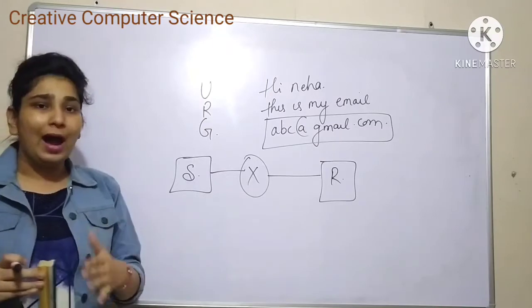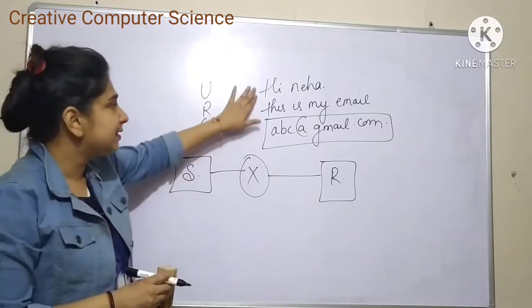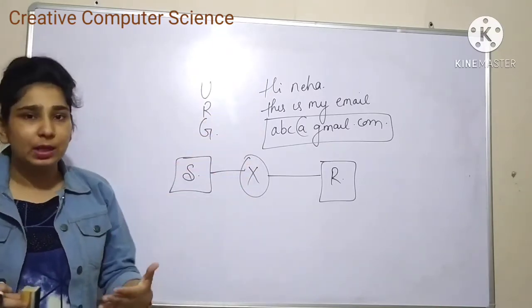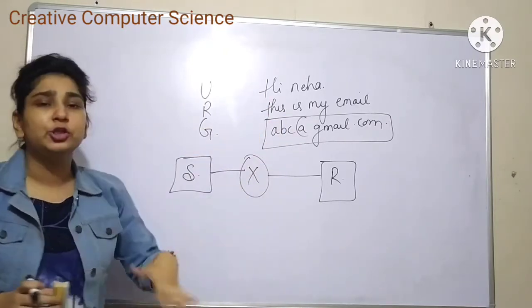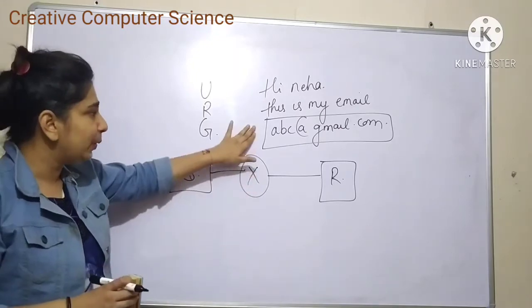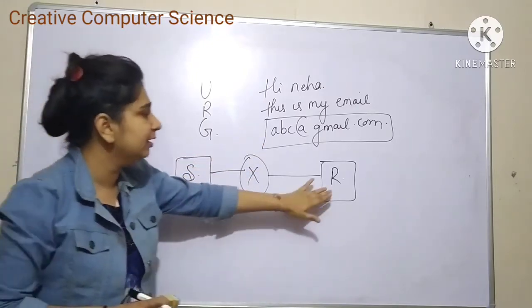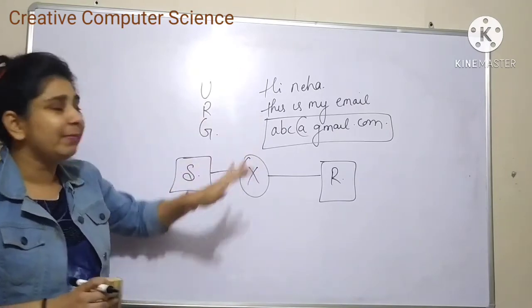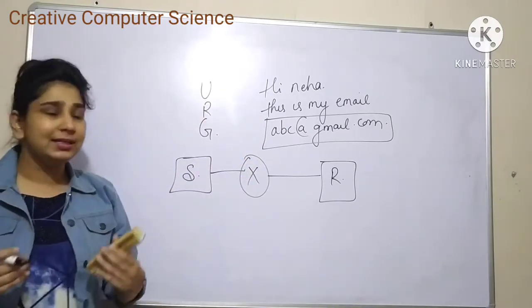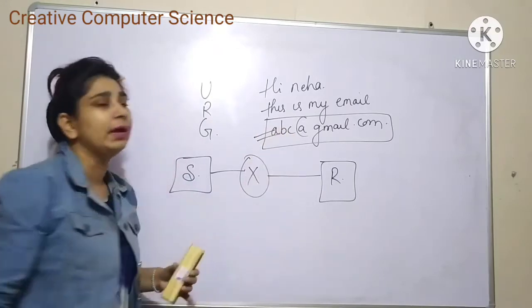Okay, if you are going to send this data in one particular sequence, then your urgent data is going to be delayed. It will take some time to reach the receiver side. So if you look at the complete message, the most urgent data you have is this email.